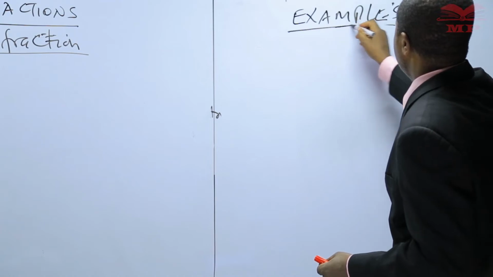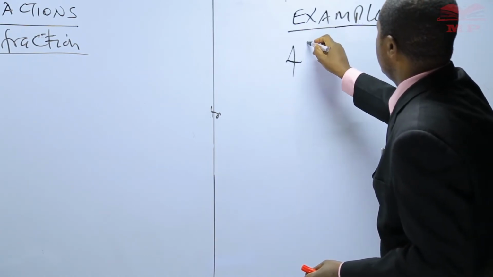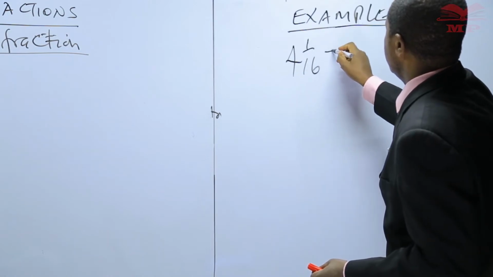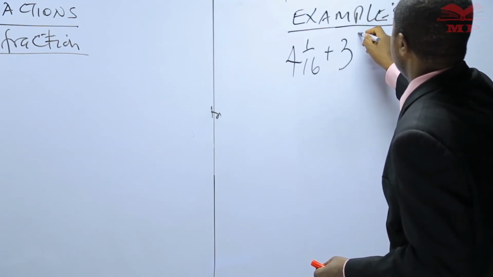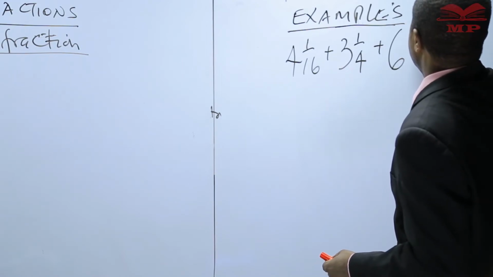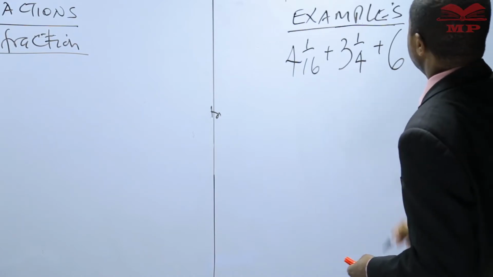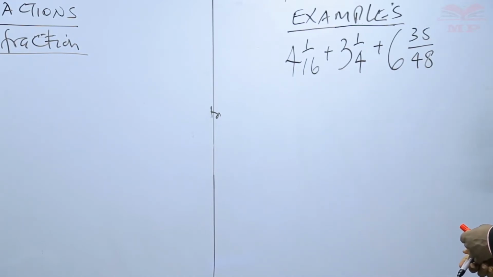You can think of a fraction like 4 1/16 plus 3 1/4 plus 6 35/48. Addition. How do we add?